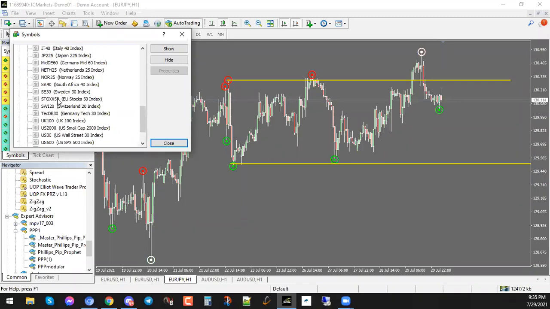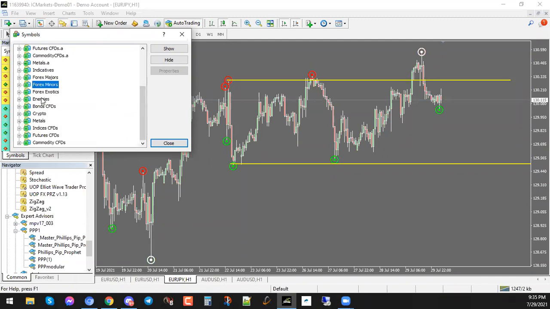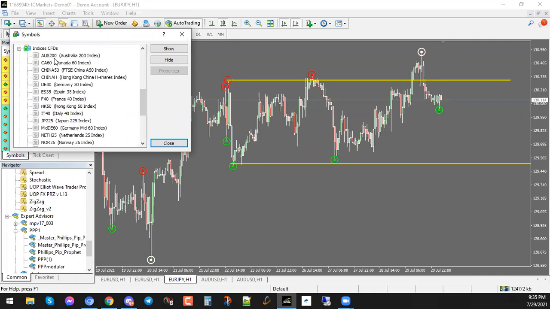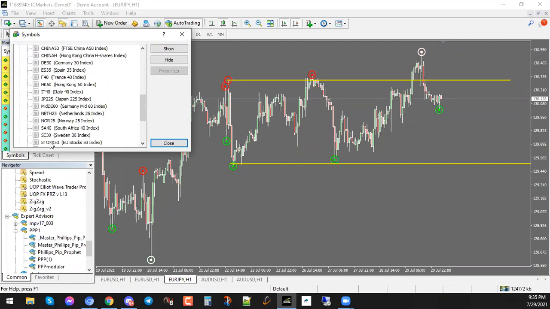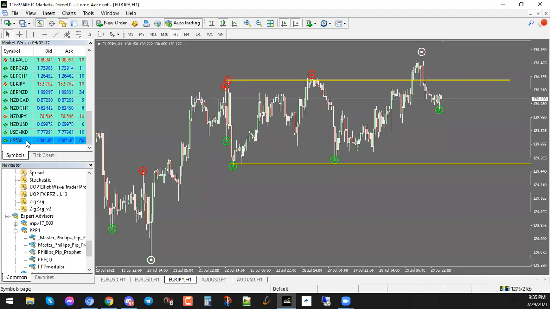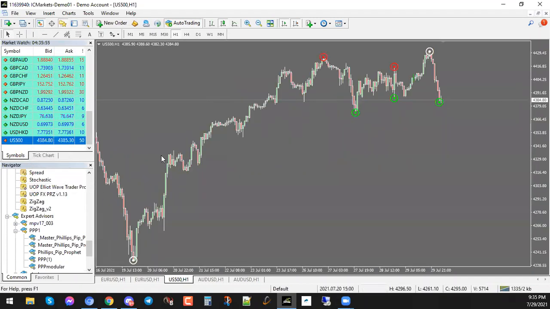I have so many on here, I hope I don't miss it. US 500. Okay, let's see. I believe this one is the S&P. Yes, SPX, this one. Good, so let's put that on. There we go.